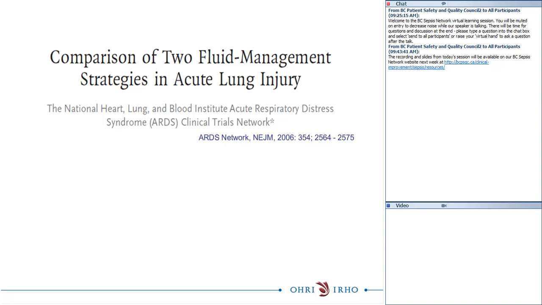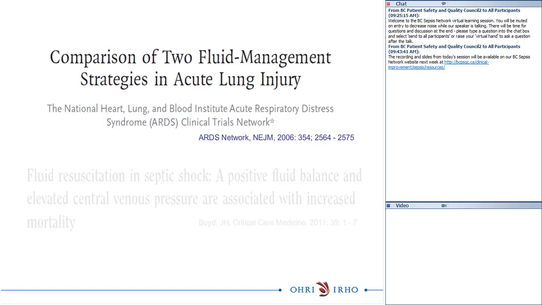So that's one line of evidence that suggests that maybe we shouldn't be so aggressive with our fluids. But remember that that's not up front in the emergency room or very early in the resuscitation. This is more within 48 hours of ICU admission.